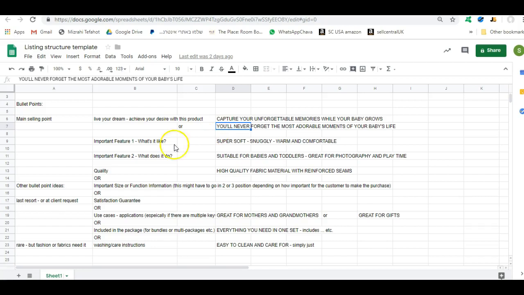For the next 2 bullet points, sometimes in certain cases I will do 2 live-the-dream type bullet points. But at any rate, another important procedure: what's this baby blanket like? Well, it's super soft, snuggly, warm, and comfortable.